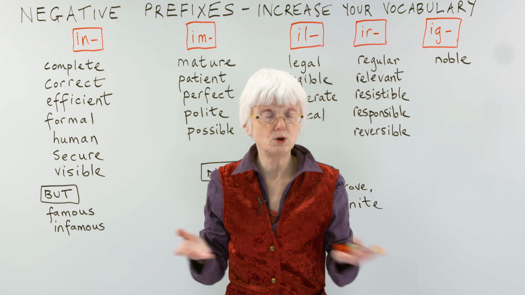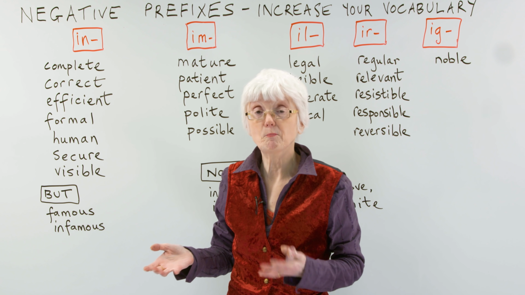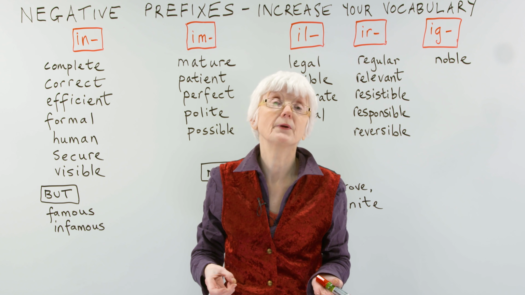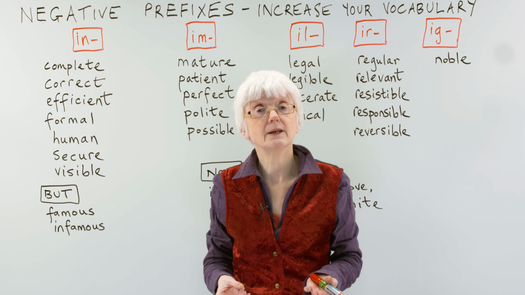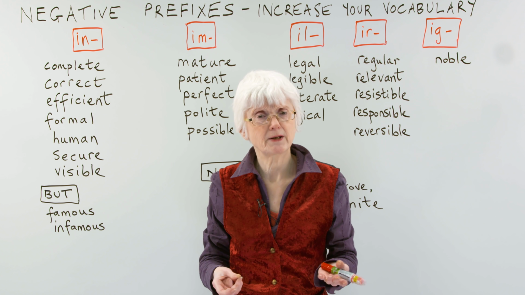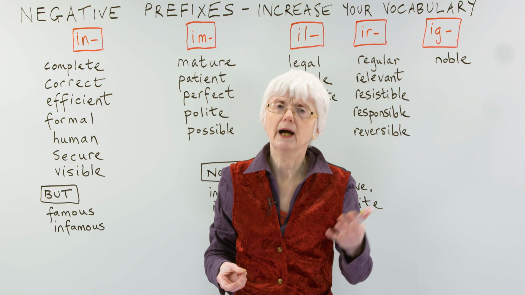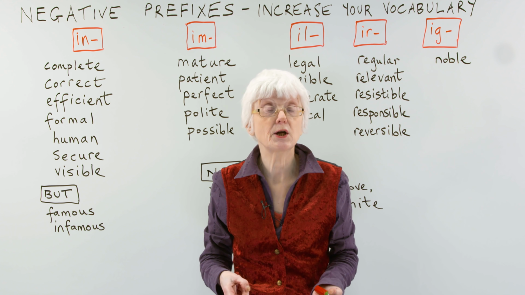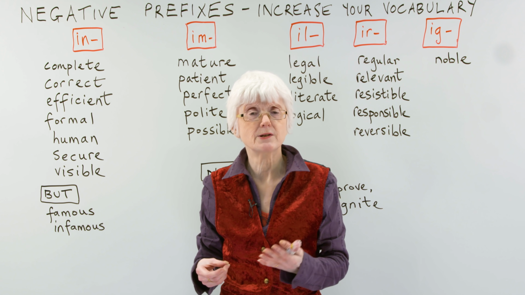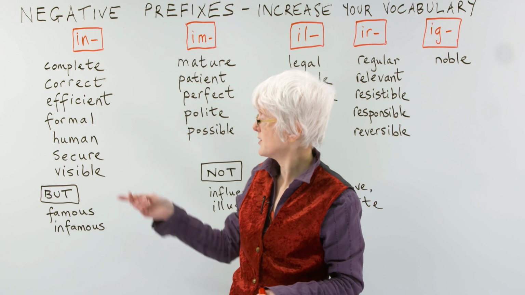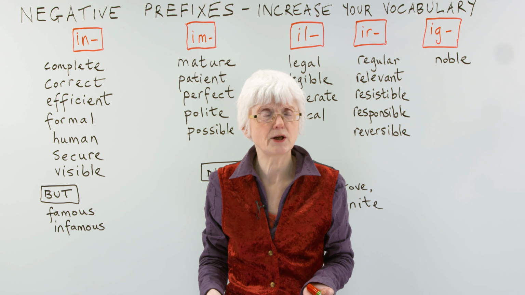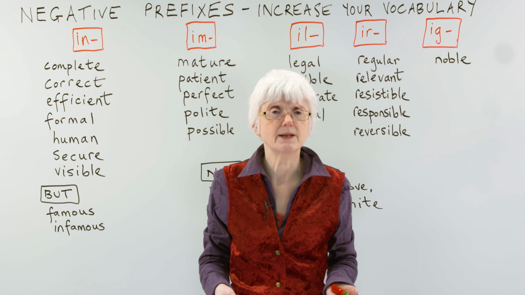Human. We're all human. But sometimes if people do something bad, it's called inhuman. If someone does something really bad to somebody else, they're being inhuman. They're not thinking of that person's feelings. They're hurting them in some way. So you could say that was inhuman, what he did.